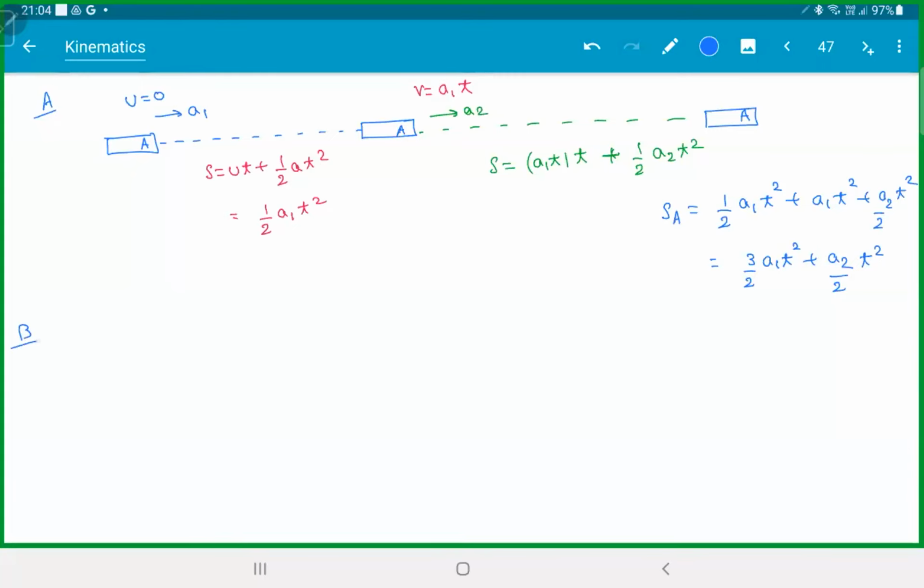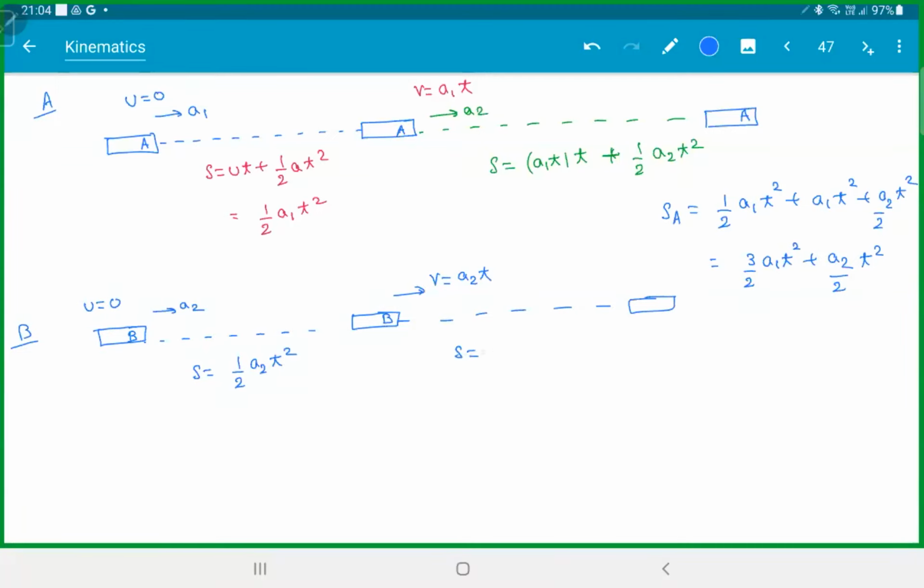If you do the same thing for train B, your initial speed is 0 and your acceleration is a2. The train B reaches here. This distance will be ut plus half at square, that will be half a2 t square. You must have gained a speed of a2 t.